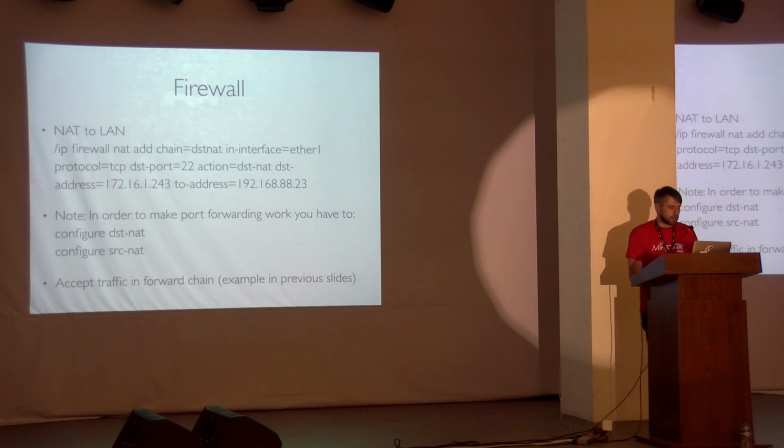There are different types of NAT, like I explained. The first one is destination NAT. This first rule is for when you have some local server in your network and you need to provide access from public networks to this server. So you just make a destination NAT.